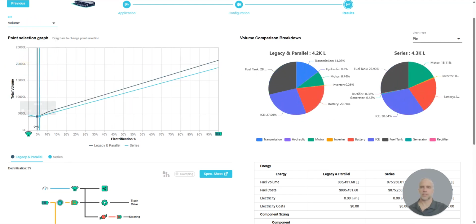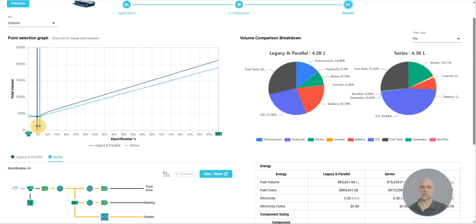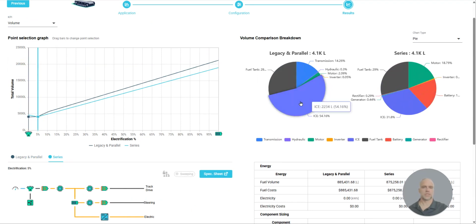But really, if we go back here and compare the series to the legacy, it's an interesting breakdown. See how adding the battery, you're able to downsize the engine. Total volume is essentially the same. Fuel tank also stays remarkably the same.